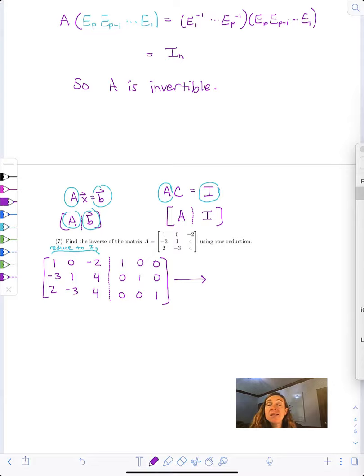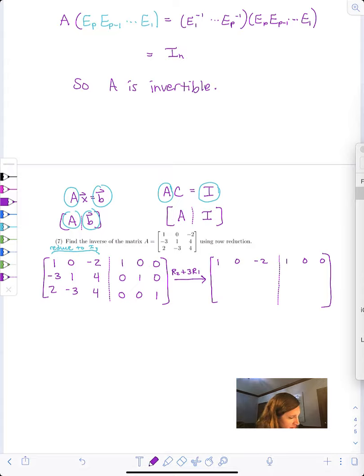So first we need to get zeros under the 1 in that first pivot column. And so we're going to do row 2 plus 3 row 1. And really, you should think about this as just applying row reduction to a matrix and kind of ignore the fact that it's a little bit longer than before. It's just like we're doing it to a 3 by 6 matrix instead of maybe a 3 by 4 matrix.